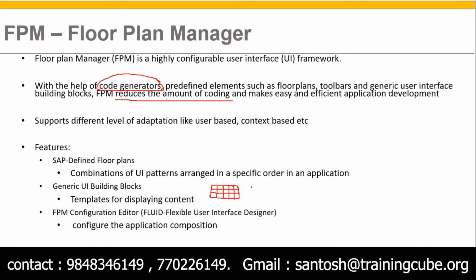There will be a GUIB to display the data in a tree, a GUIB to display the data in a chart, and a GUIB to display the data in a form. So representing the data in a format happens by the GUIB.